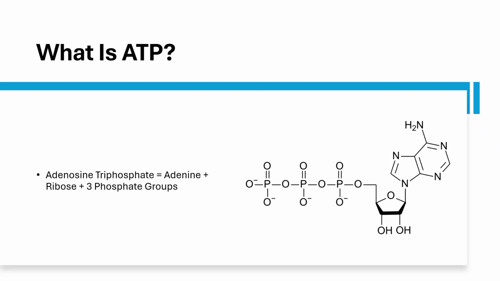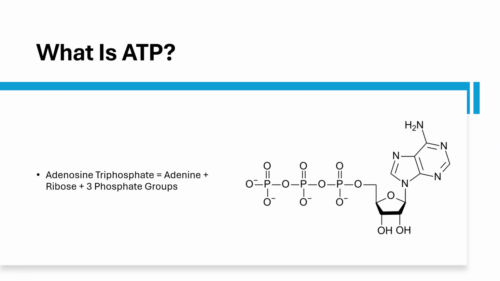ATP is made of three parts: adenine, ribose, and three phosphate groups. Those phosphates are like loaded springs. When one pops off, it releases a burst of energy.